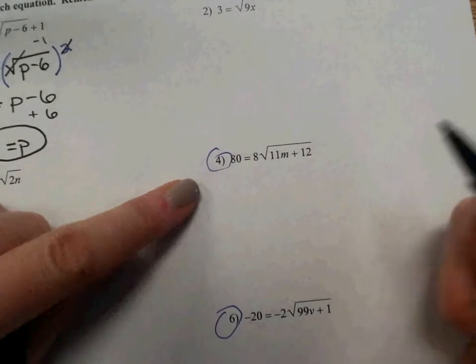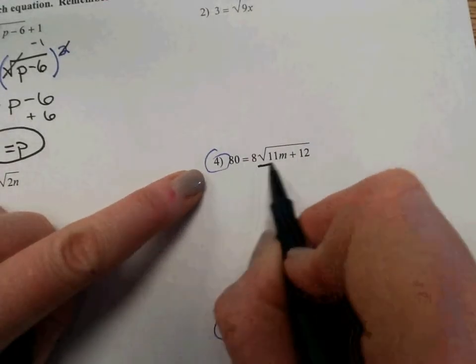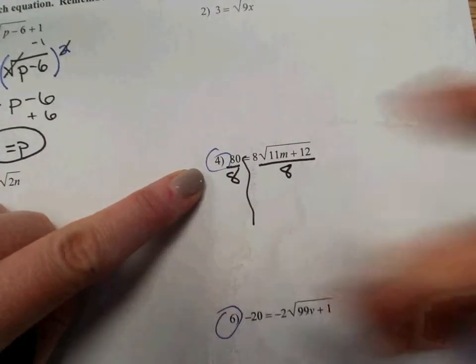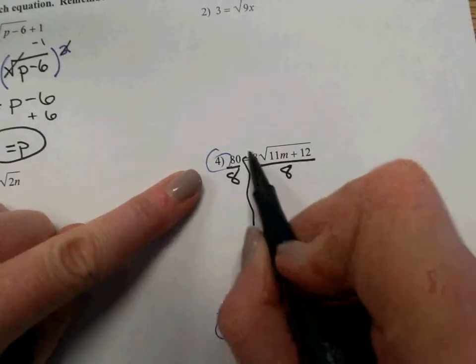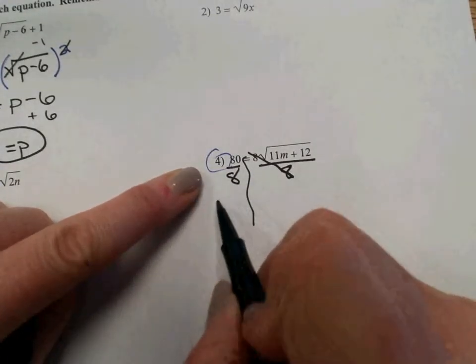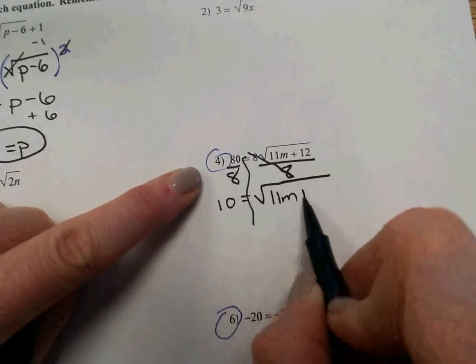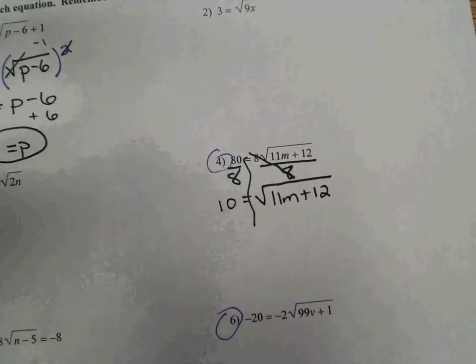Take a look at number 4. In this case, we have something multiplied by our radical sign, so we'll need to divide both sides by that 8. Again, we need to get the radical by itself. 8's cancel. 80 divided by 8 is 10, leaving us with the square root of 11m plus 12. Again, we need to square both sides.